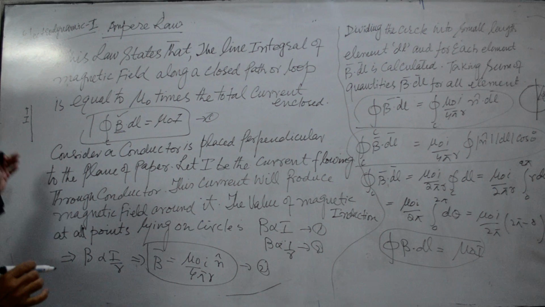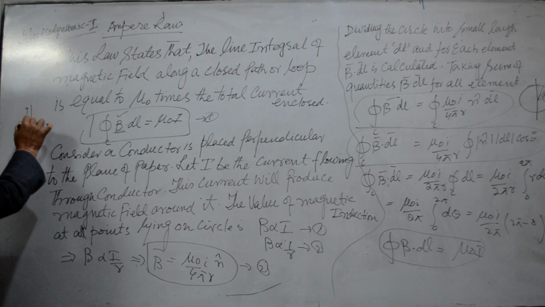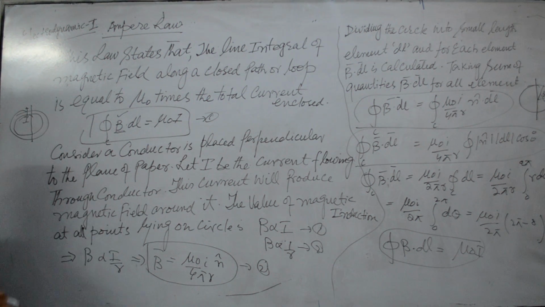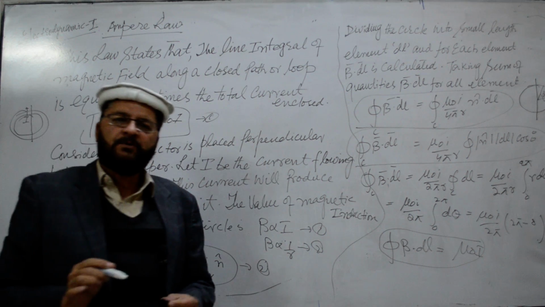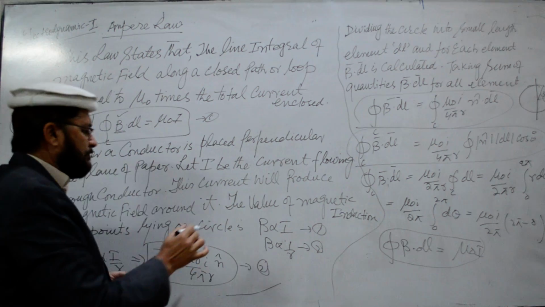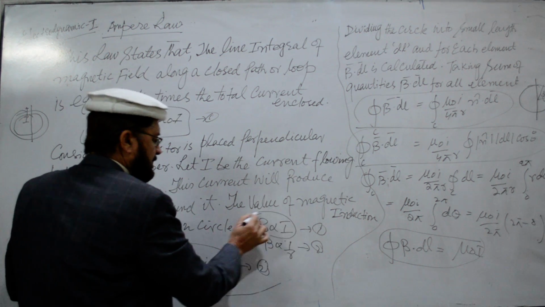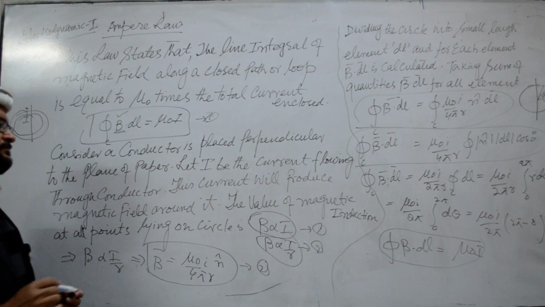This conductor will produce a magnetic field around it, and the magnitude of that field is directly proportional to the amount of current flowing, and inversely proportional to the distance r from the conductor.